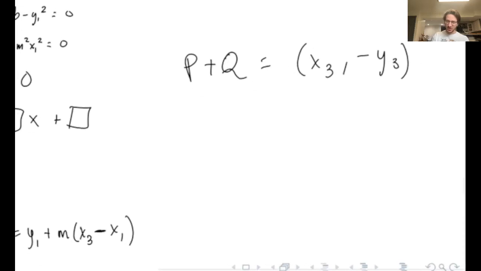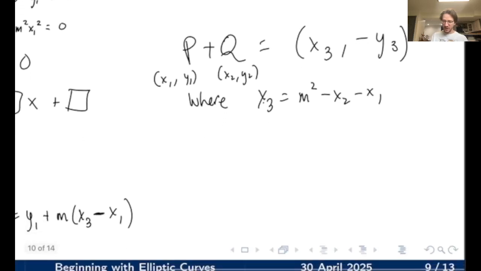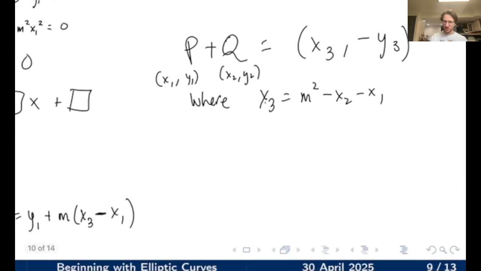Okay, so p plus q is x3 comma minus y3, where x3 equals m squared minus x2 minus x1. P, by the way, is the point x1, y1. Q is the point x2, y2. M is y2 minus y1 over x2 minus x1.